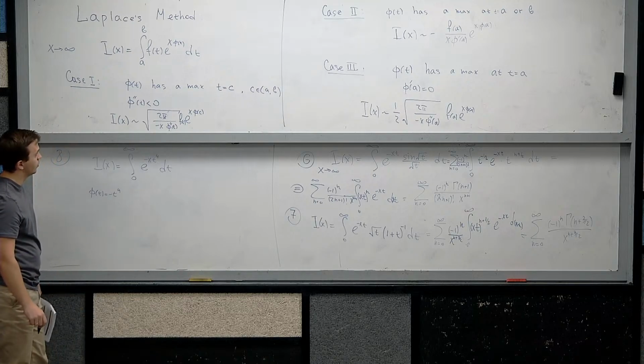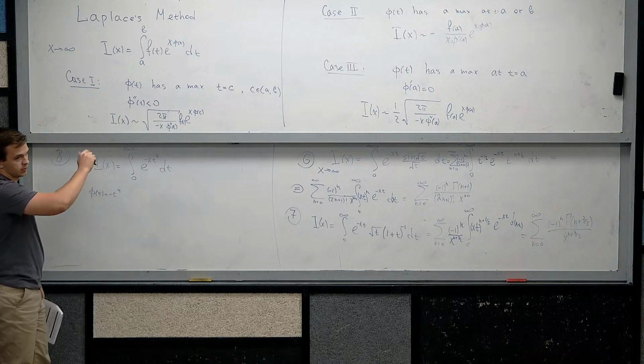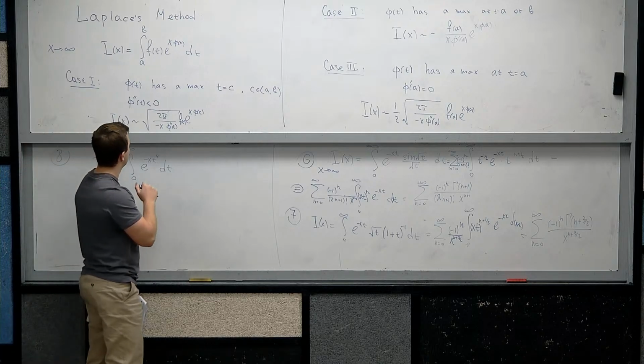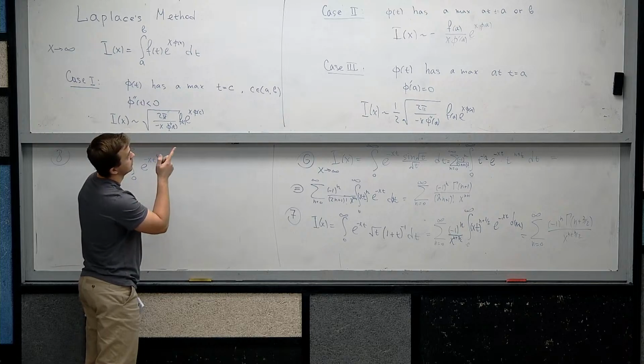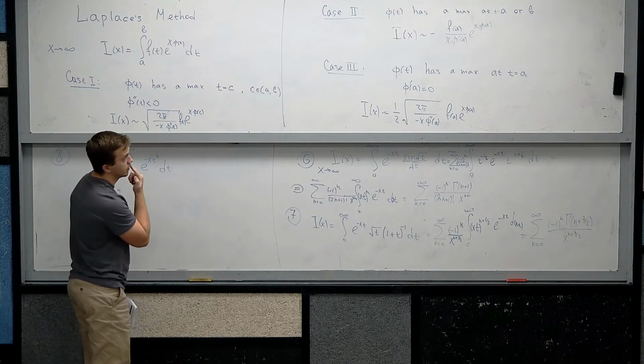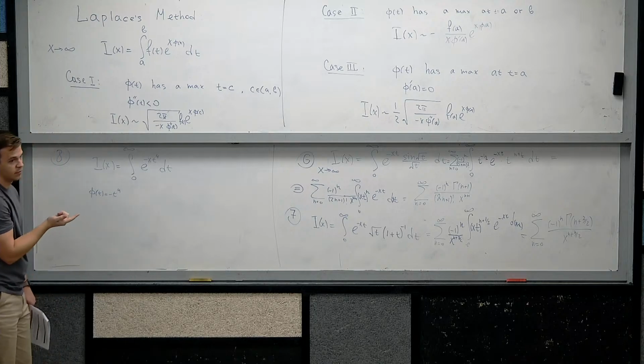We see that all derivatives up to the third one will be 0 at the maximum. So that's why we cannot really use case 2, because the first derivative is 0.